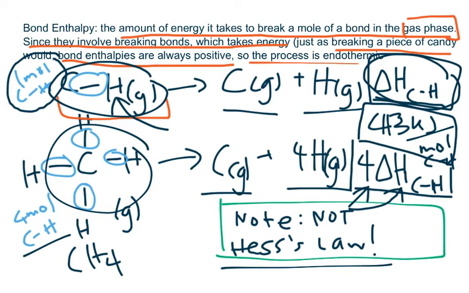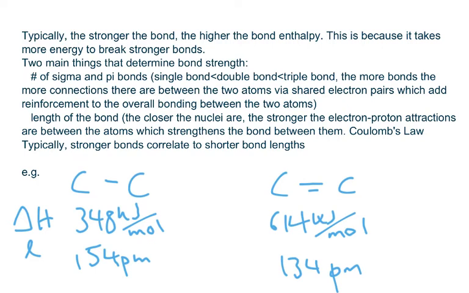If it was Hess's law, then we would have a 4 here, but of course we don't, and that's why this is based on the number of bonds you break rather than something like Hess's law where you look at the coefficients. So now let's get into a related topic that has to do with bonds.